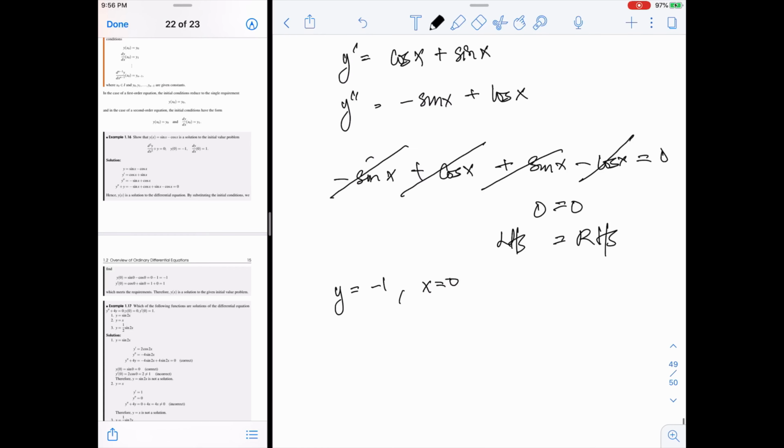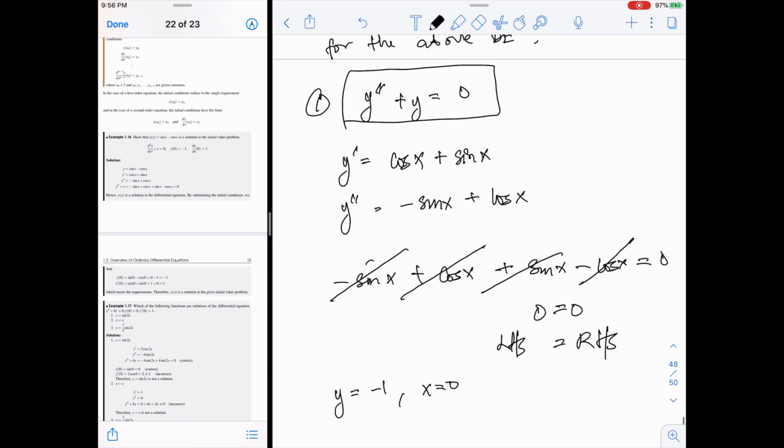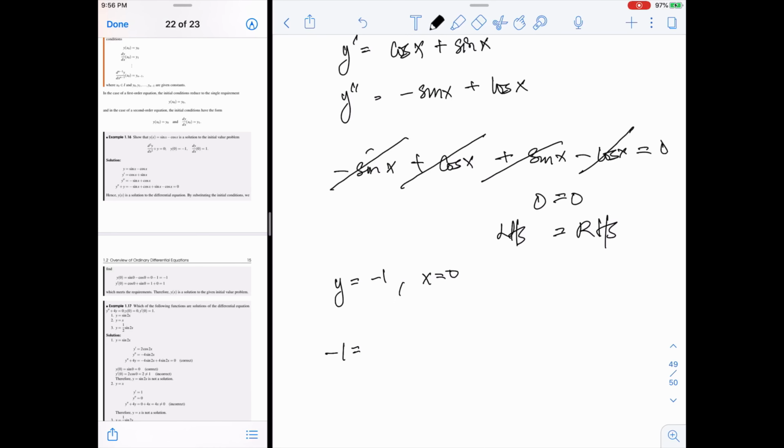So you will have -1 over here, and then you will have sine, substituting x as 0, and then we have a minus cos, substituting x equal to 0.